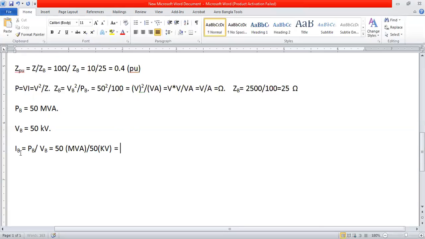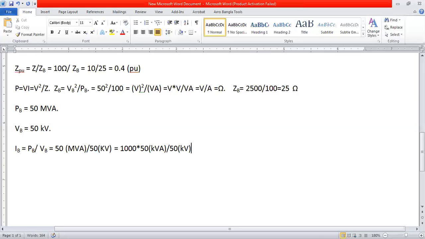If we convert this megavolt ampere to kilovolt ampere, then we can write 1000 into 50, divided by the 50 kilovolt.